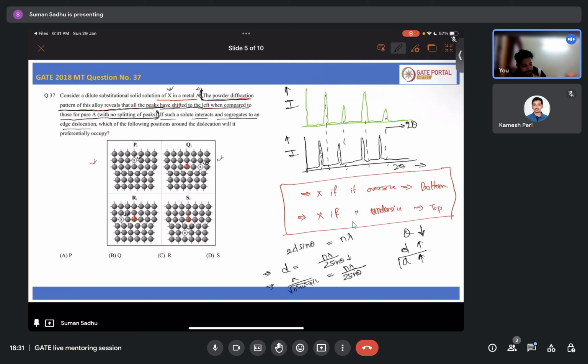Now tell me, when you are adding some atom and your a is increasing, what does it mean? Is the size of the atom larger or lesser?